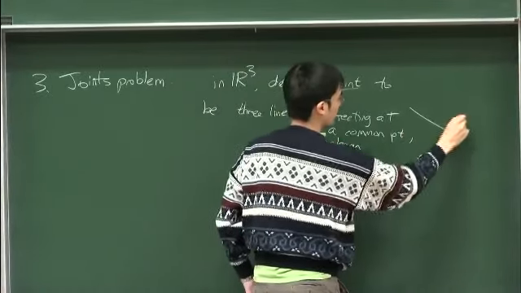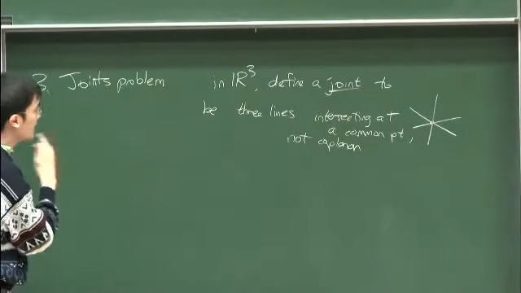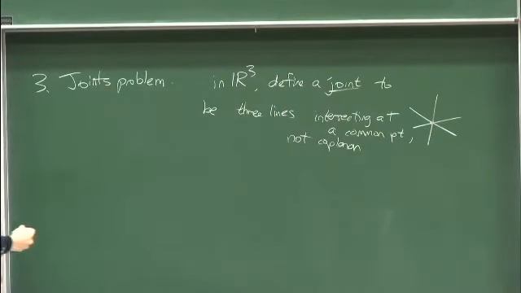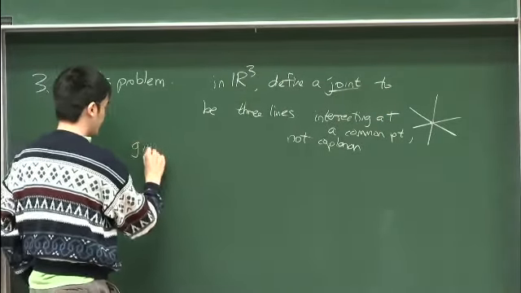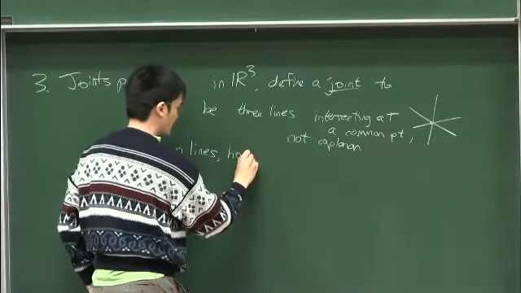Okay, so three lines that are not in a common plane, we call it a joint. And the question is, given n lines, how many joints can there be?